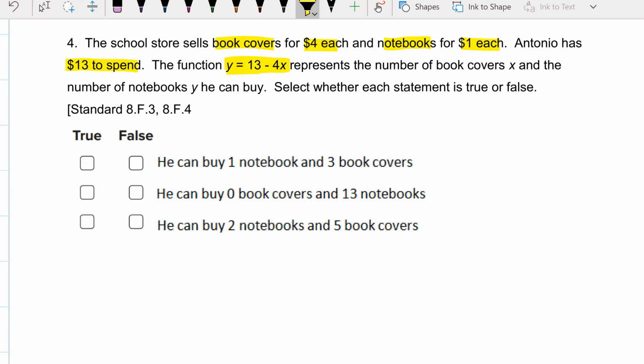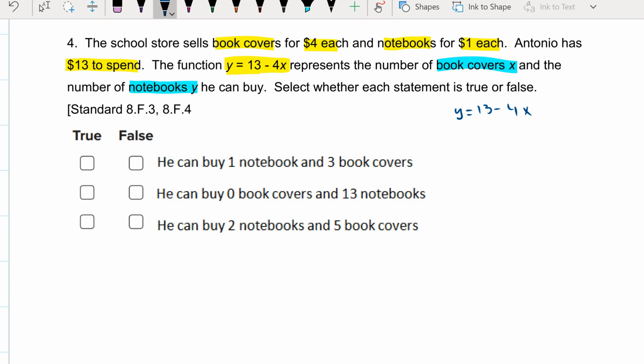Besides that, they also indicate that the book cover is x and the notebook is y. The problem already gives you the whole function y equal to 13 minus 4x, and they tell you x is the book cover and notebooks is y.